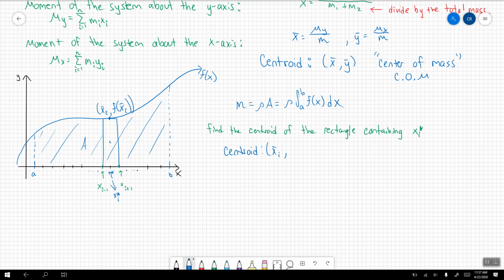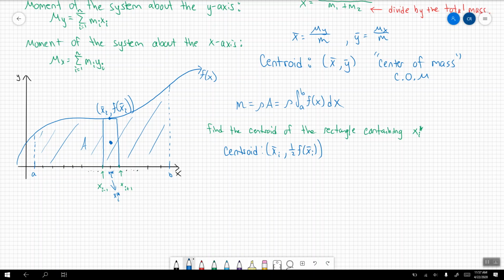And since we have a height here, and this is a rectangle we've created with the height of the function evaluated at the midpoint, then naturally it's just going to be half that length, half the initial length of x bar. So there's the centroid for that one rectangle.